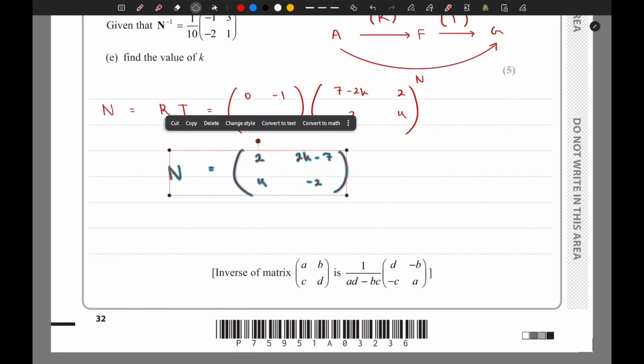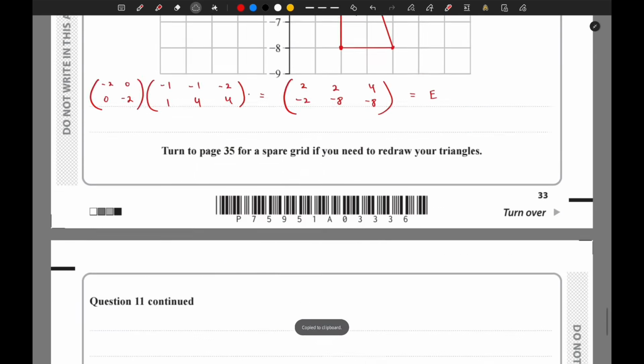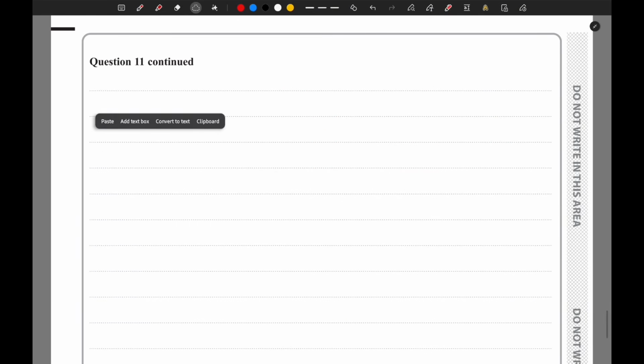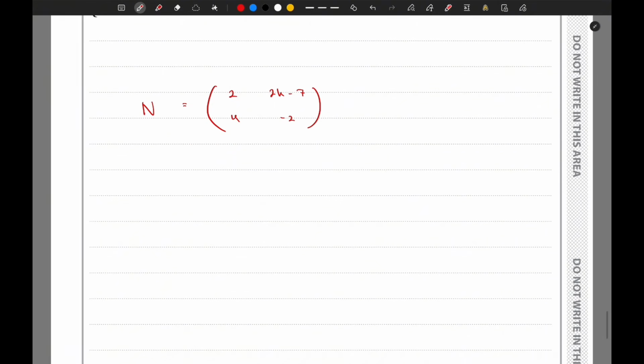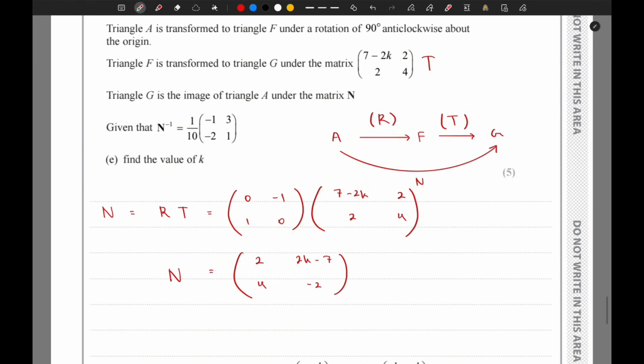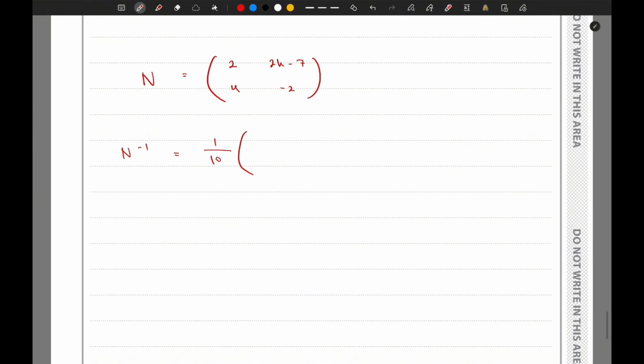Let's just copy this and write it in the next page. Now the N inverse is given as 1 over 10 times minus 1, minus 2, and 3 and 1. So it's minus 1, minus 2, 3, and 1.